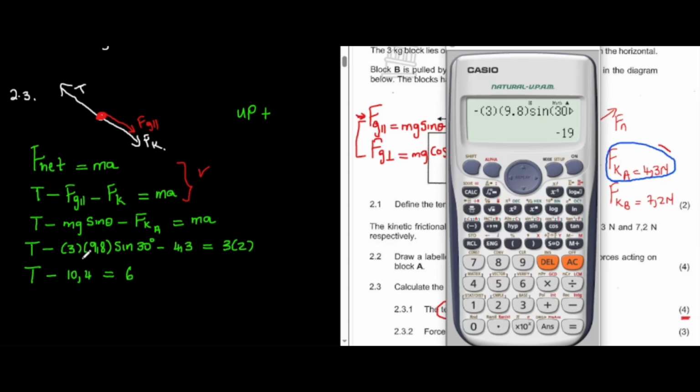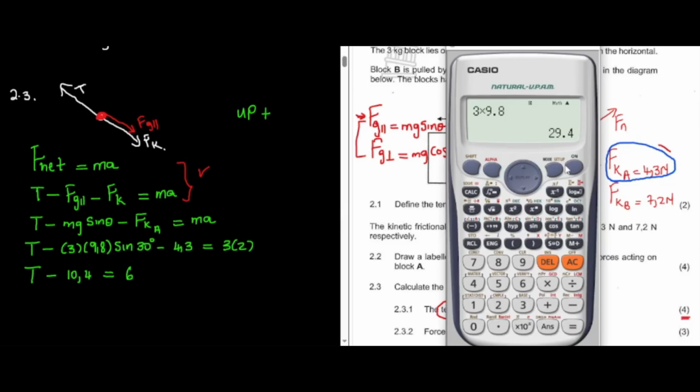Because I know that 3 times 9.8, look at what you get. You get a very large number, which is 29.4. Then the 10.4, when I multiply 3 by 9.8, I know that we get a very large number. Then it will be sine 30, it's half. So half of that number we minus 4.3, you understand?